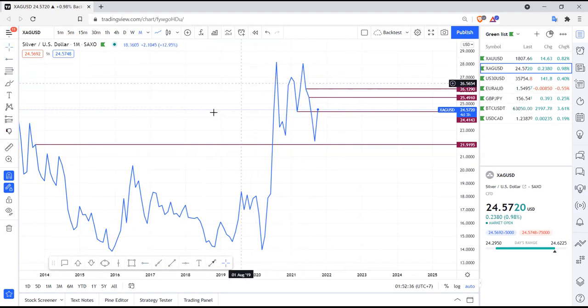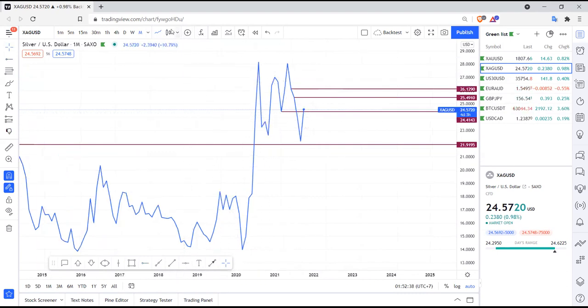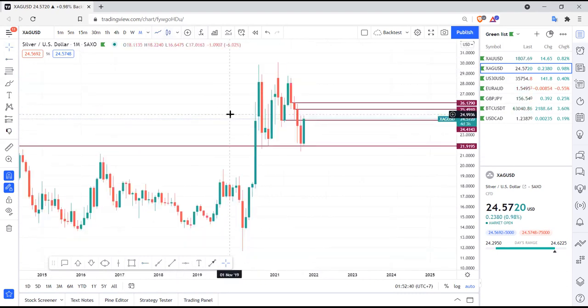Monthly breakout or we wait for the closing candle? For me, I will partial close if it already touches the monthly breakout, and then wait for the closing candle.